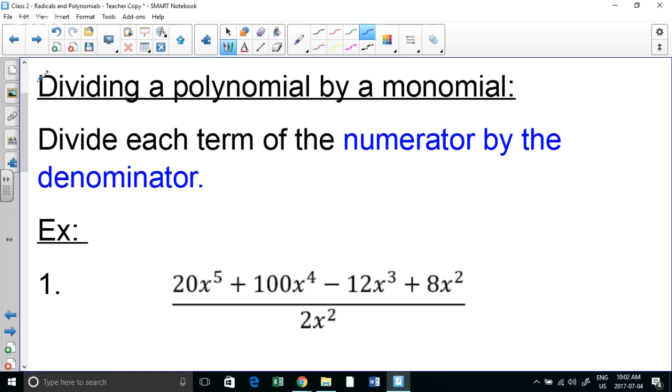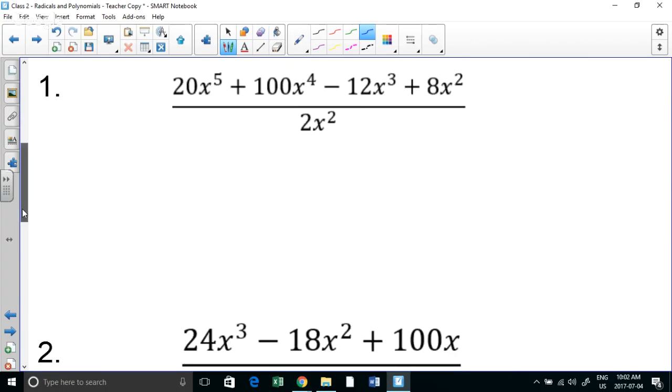When you're dividing by a monomial, your life is a lot simpler and way more straightforward. If you're dividing by a binomial, which we'll look at in a second, way more complicated. But nothing to fear. So when you're dividing by a monomial, you're going to take each term of the numerator and divide by the denominator.